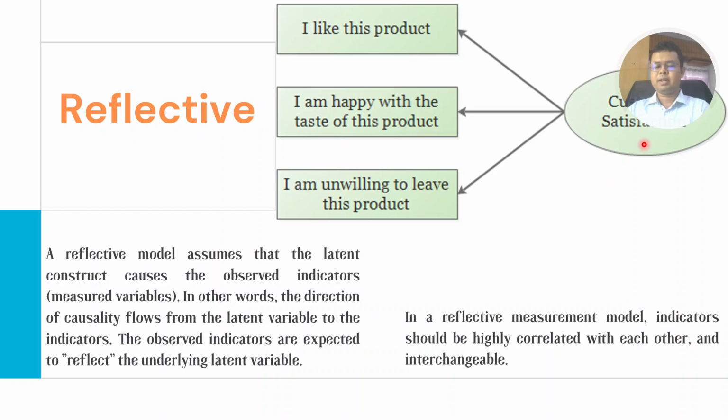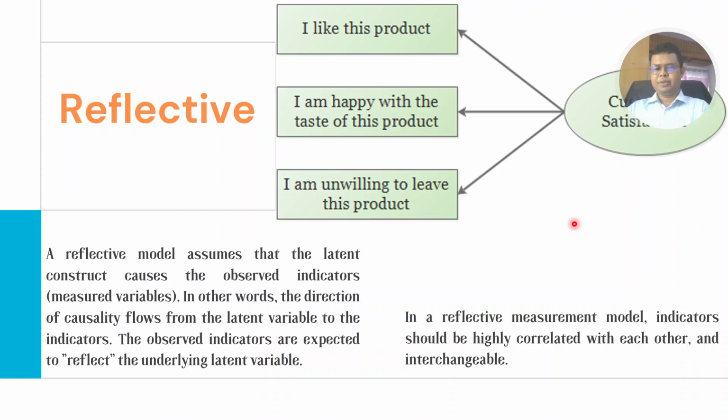That is why it's called the reflective model. To understand easily, you need to put the arrow sign from the construct to the measurement item. It's a simple sentence for easy understanding.